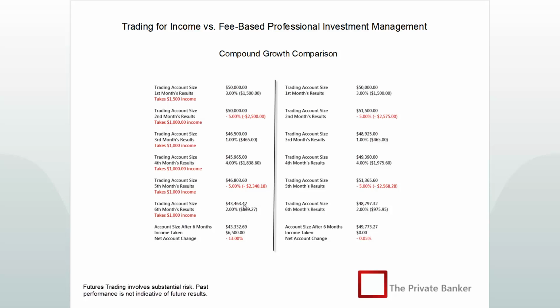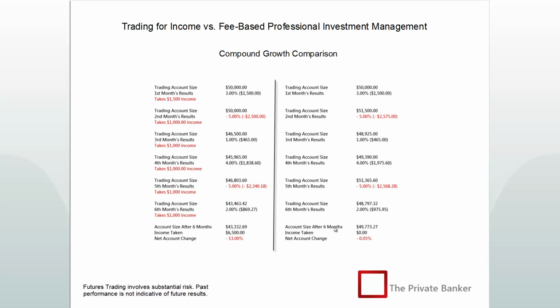So for whatever reason we do okay, and we make 2% on the month. And again, we take our fixed income out, so we take all of what we made in the month and then some on this side, whereas on this side we took out nothing. It just reinvested that $975. So good stuff there. And now at the end of 6 months we can see how we did.